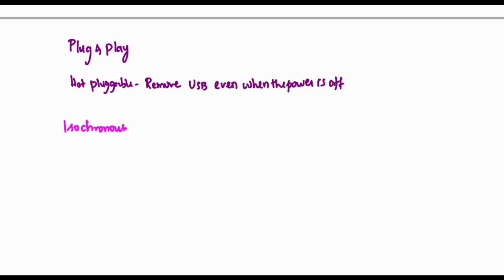That is, it needs to know the address of the registers in the device's interface to be able to communicate with it. Once we know the address, we can communicate with the USB, right?